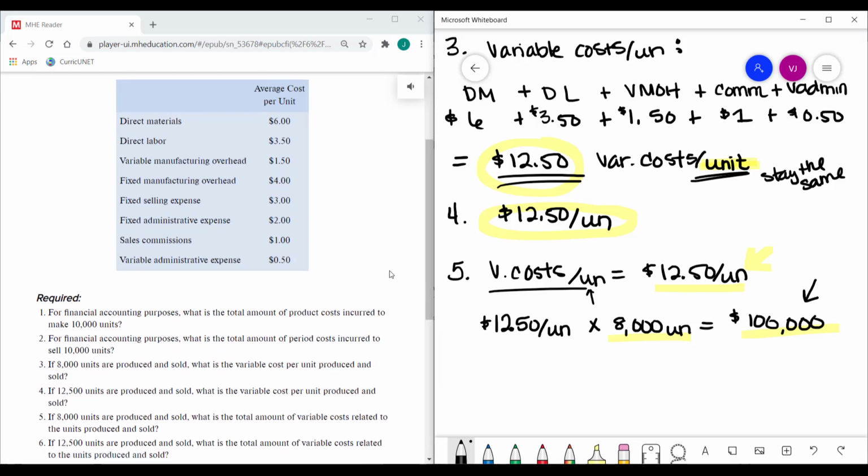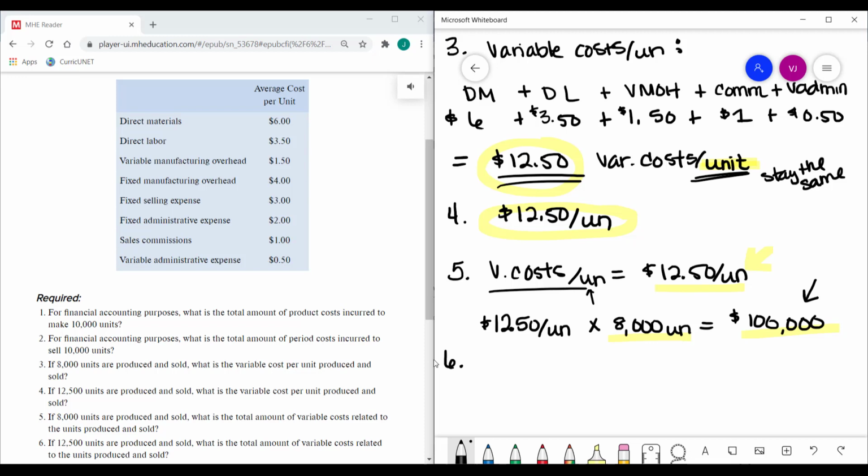Same question, different level of activity. Number 6 is asking us if 12,500 units are produced and sold, not 8,000, but 12,500 units, what is the total amount of variable cost related to the units produced and sold? All right, remember, variable costs per unit stay the same within the relevant range. But in total, variable costs vary proportionately as activity varies.